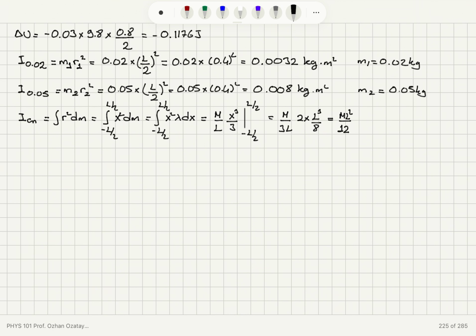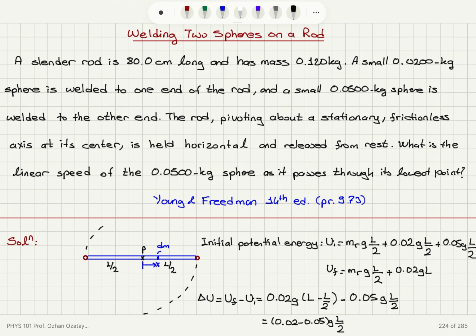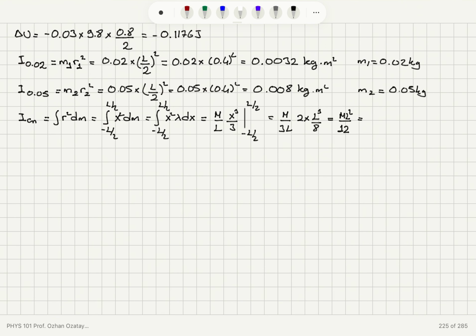If we calculate this, the mass of the rod was 0.12 kilograms, the length is 0.8 meters, so 0.12 times 0.8 squared, divided by 12. So we find the moment of inertia of the rod is 0.0064 kilogram meter squared for a rotation axis at the center of mass.